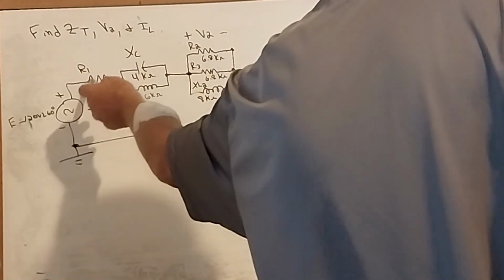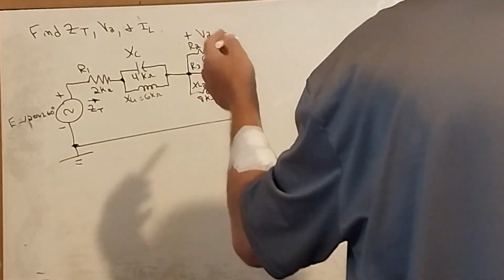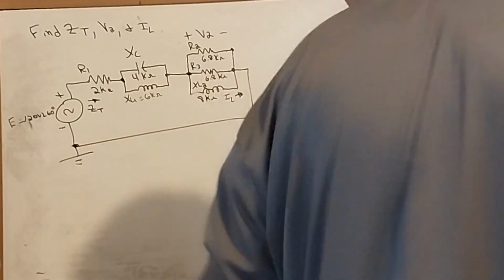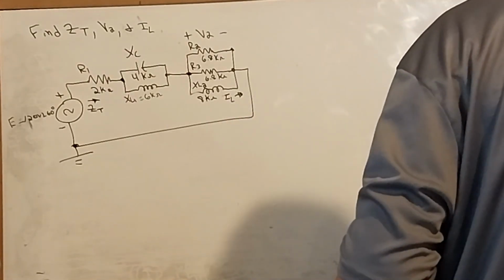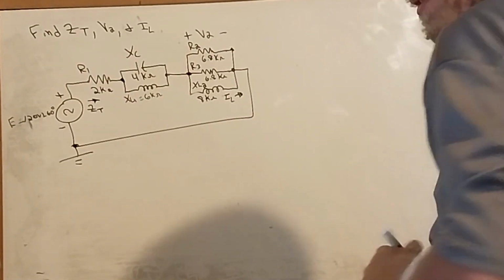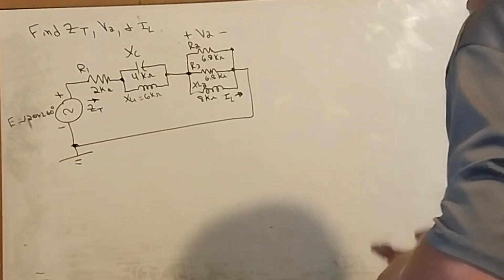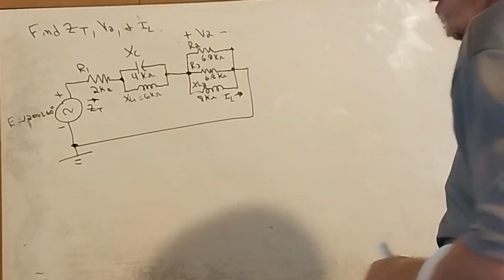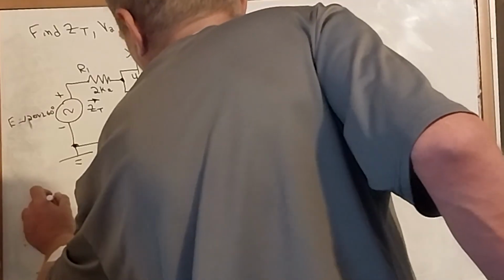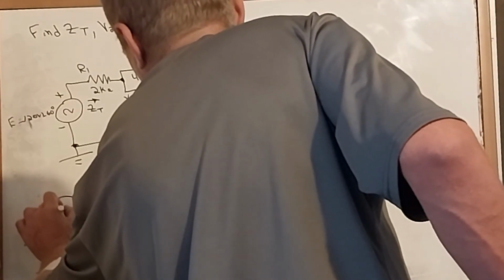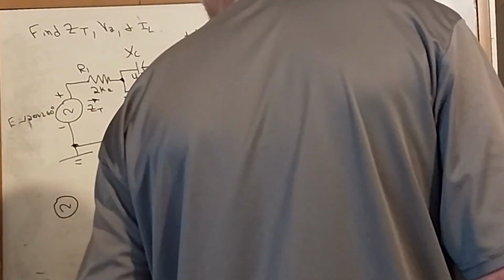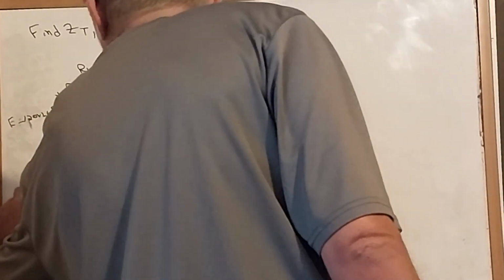And I'll label them R1, XC, V2, R3, R2, X of L1, X of L2. And then the impedances will be Z sub A, so forth, instead of Z sub 1. So to show you what I'm talking about, we're going to redraw the circuit.